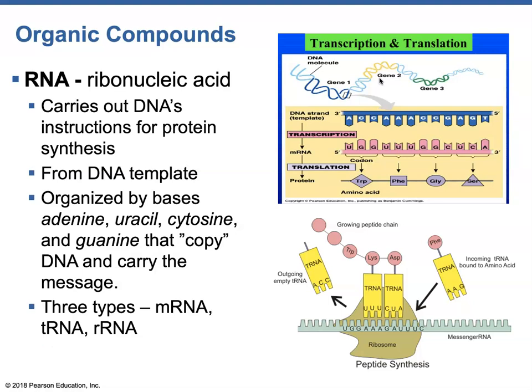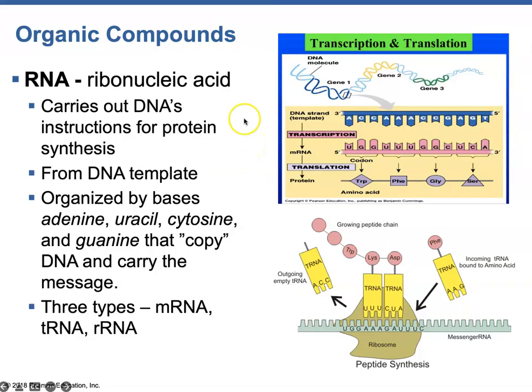And then I said RNA is what allows for the copying of the DNA structure to take place. And how it does this is a process that's called transcription and translation. So basically what happens is the RNA molecule will go into the nucleus of a cell and copy the DNA sequence that it needs, that it's been directed to do.